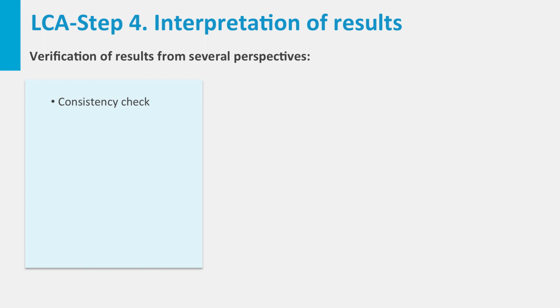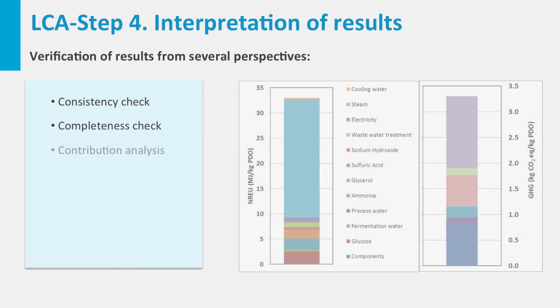The last step of the LCA is the interpretation of results, which can be done from different perspectives. Consistency check, for example, refers to confirming that assumptions, methods, models, and data are consistent with the goal and scope definition. Completeness check is made to ensure that all relevant information and data needed for interpretation is available and is being used.